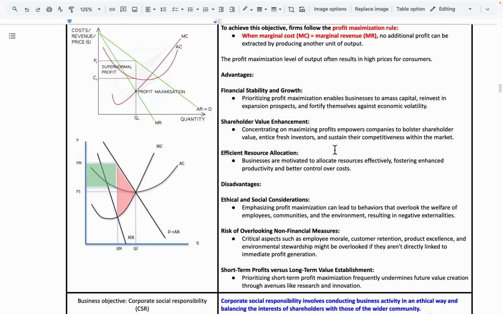And shareholder value enhancement. So concentrating on maximizing profits empowers companies to bolster shareholder value. Okay, this is not super important, but it's good to know. And efficient resource allocation. This is really important. Businesses are motivated to allocate resources effectively, fostering enhanced productivity and better control over costs.